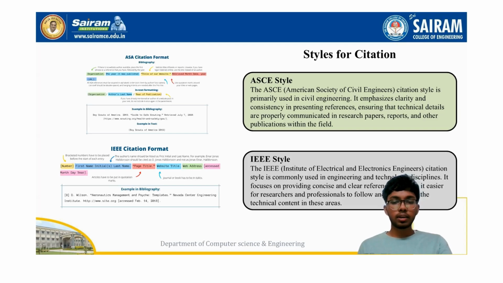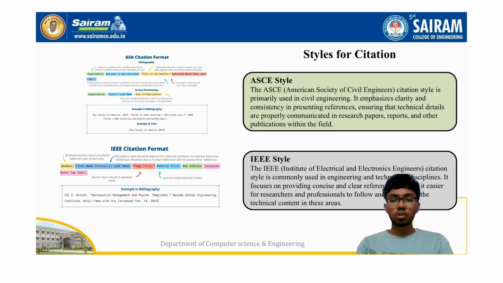So before getting into this, let us see what styles of citation are. Different fields of study use different citation styles. The citation style you use will depend on the discipline you're working in and the preference of the journal or institution you're submitting to.